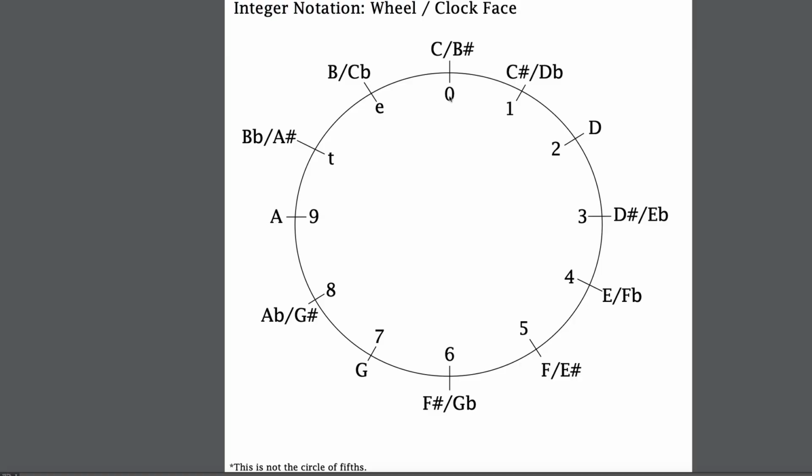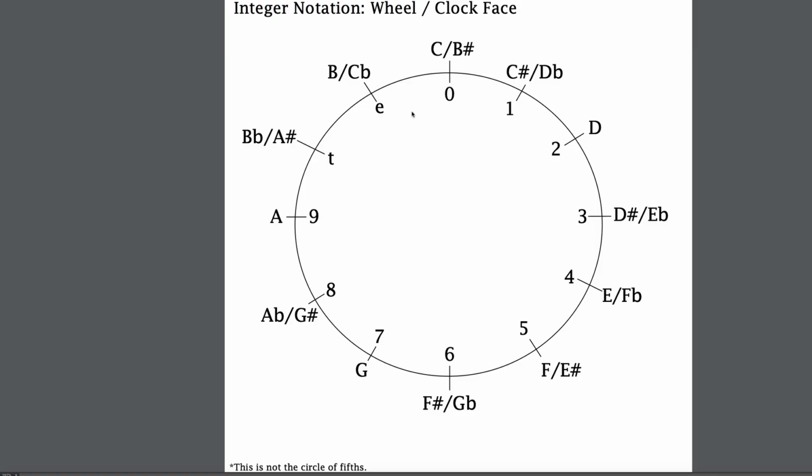So just remember that we're going to start with 0 when we're counting things here. Okay, so as we go around, the numbers get higher. 6, 7, 8, 9. Then we use a lowercase t to represent 10 and a lowercase e to represent 11.